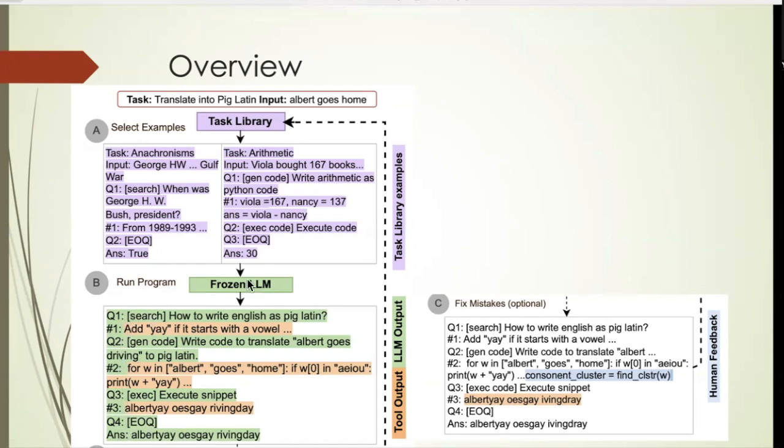So basically they have a powerful LLM, which I think in the paper is InstructGPT, to decompose the task into multiple sub-questions, as seen here. And for each of the questions, the response can be directly generated by an LLM, or it can call a tool like search, generate code, or execute code to get the response for each question, and in the end it gets the answer to the question.